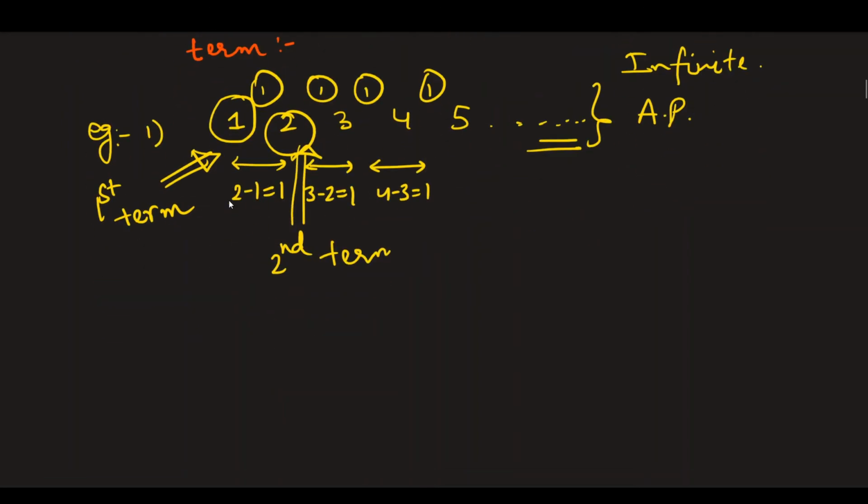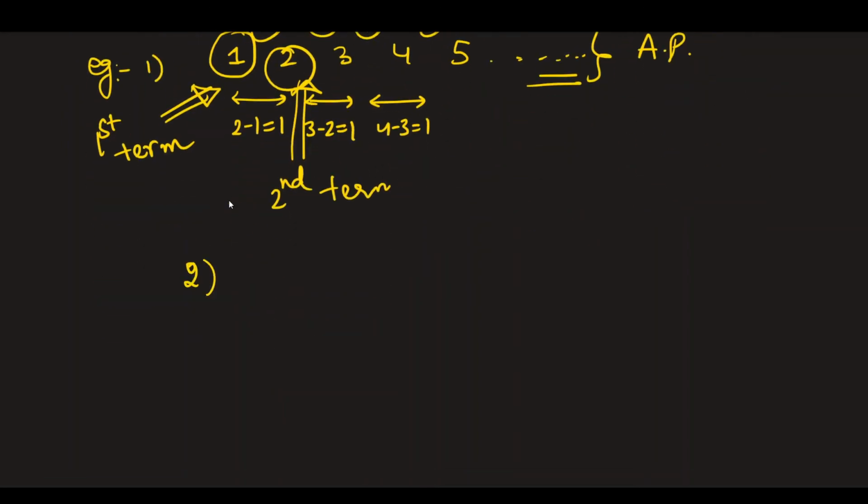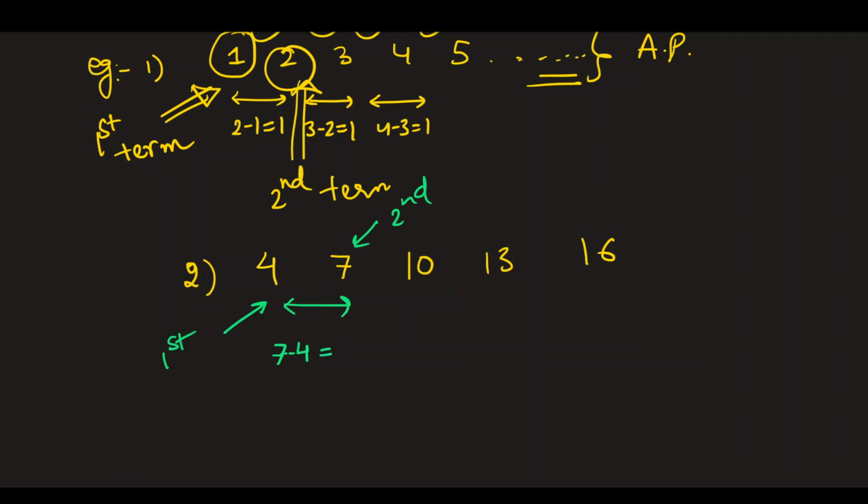Okay. So if we take another example, say 4, then 7, then 10, then 13, then 16. So in this case, what is the first term? This is the first term, this is the second term, and its difference 7 minus 4 is 3. 10 minus 7 is also 3. 13 minus 10 is also 3, and 16 minus 13 is also 3.